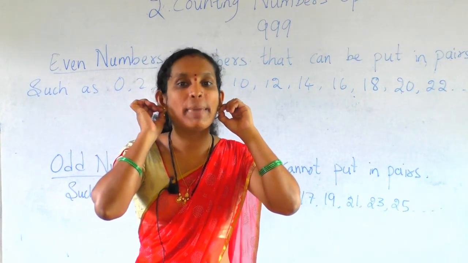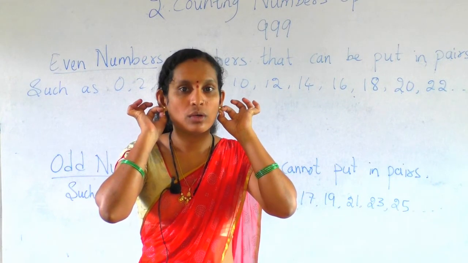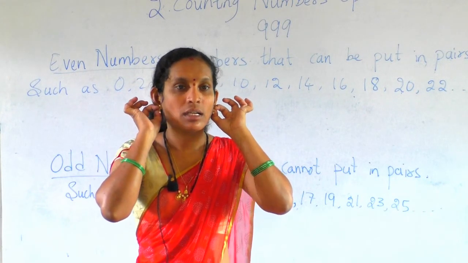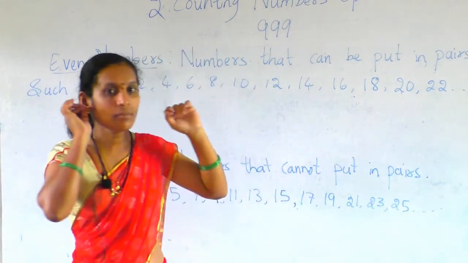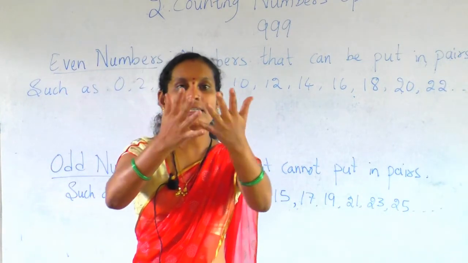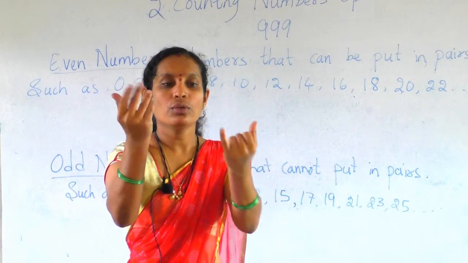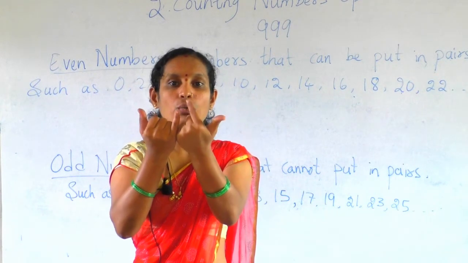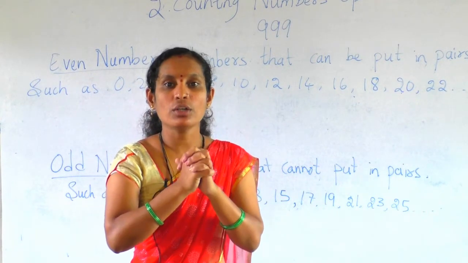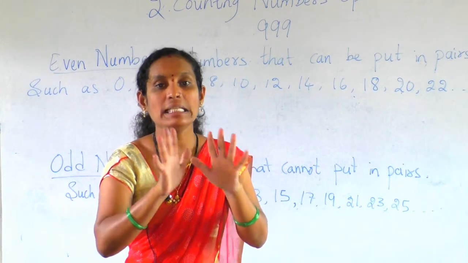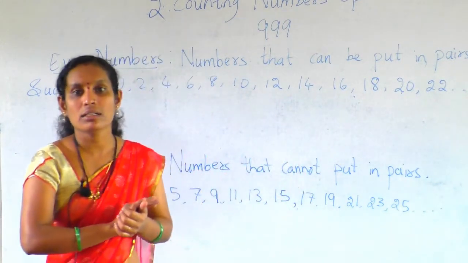This is a pair, 2. Understood? I have 10 fingers. It is a pair. Say 2, 2, 2, 2, 2. Understood? Pairing the numbers is called even numbers.